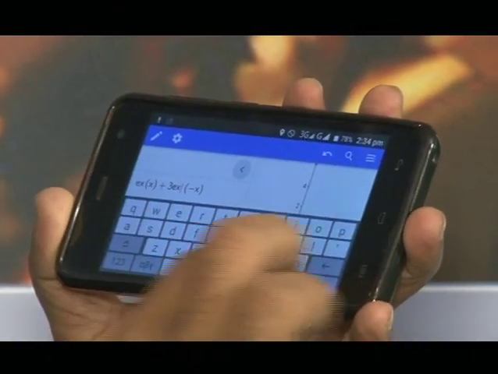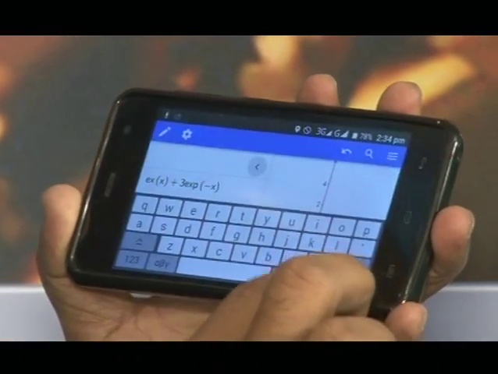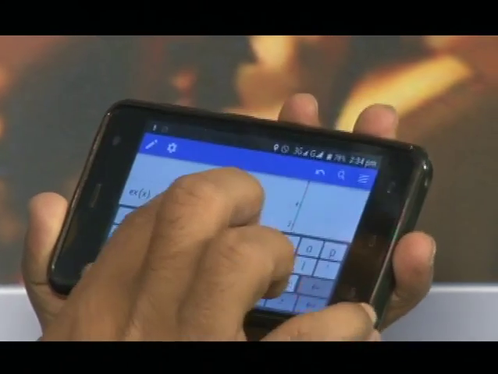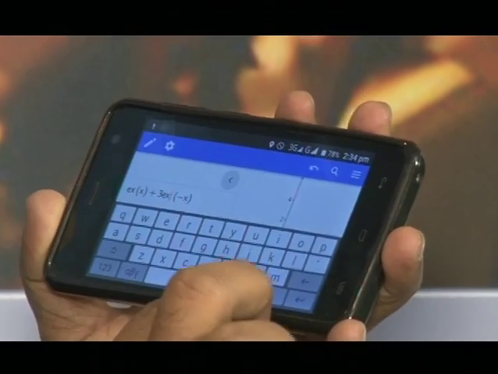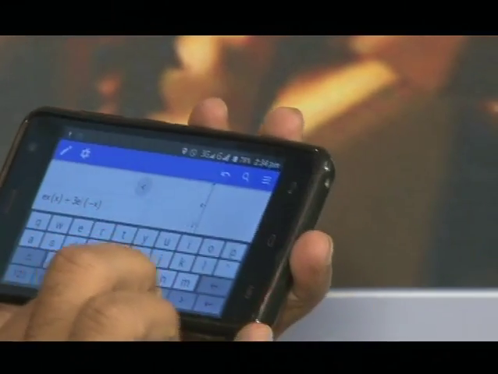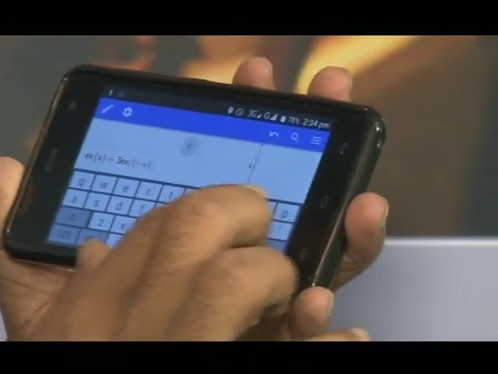So, I should not leave a space, that is why it is showing an unknown function. Okay, I will type once again e x p.